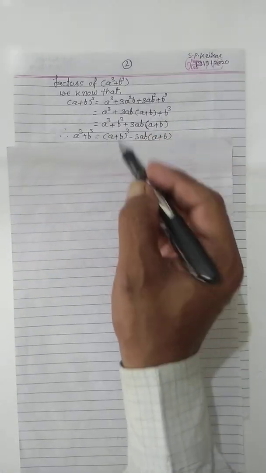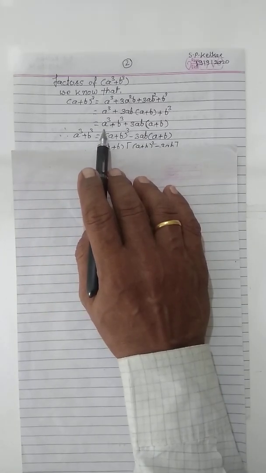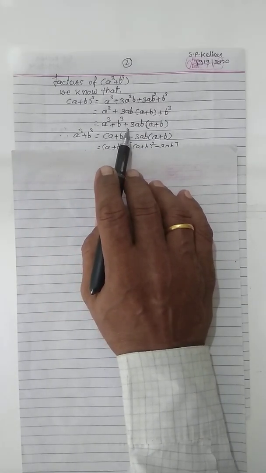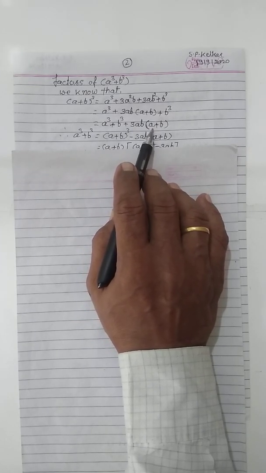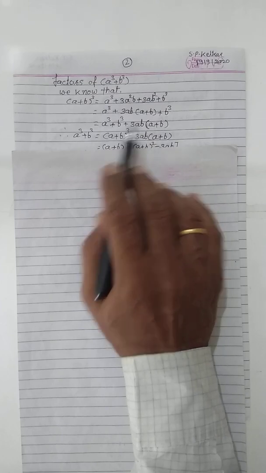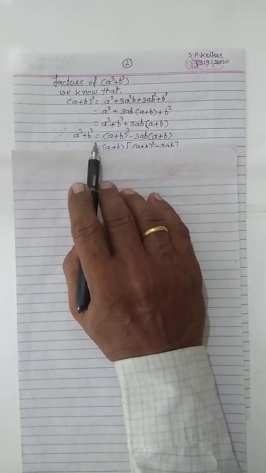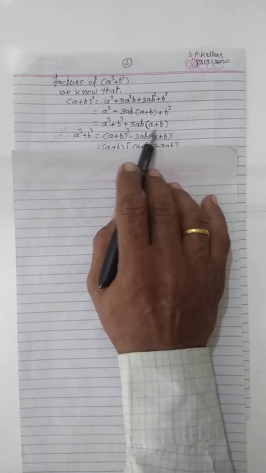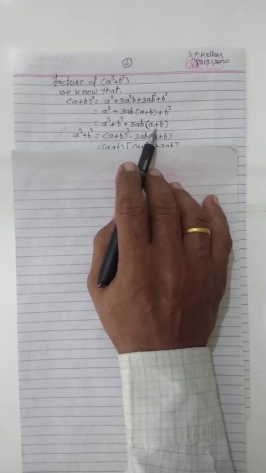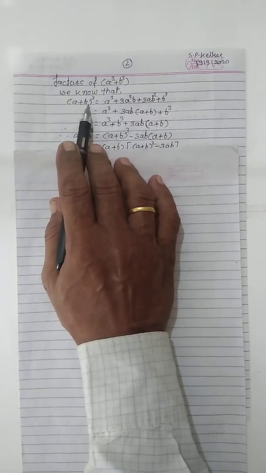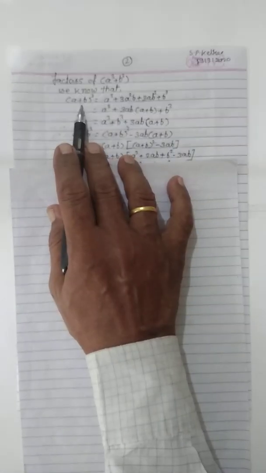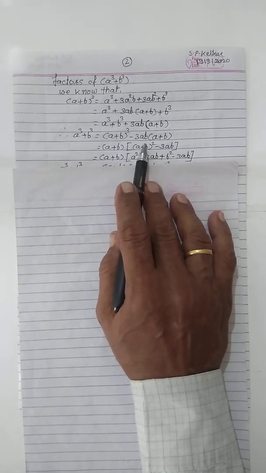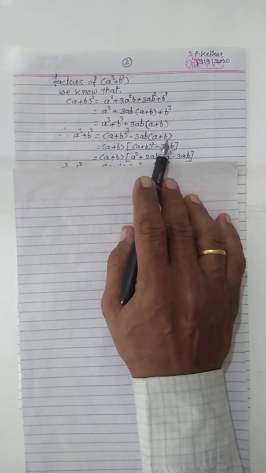Now a cube plus b cube plus 3ab(a plus b). If we transfer these terms to the left side, a cube plus b cube equals (a plus b) whole cube minus 3ab(a plus b).